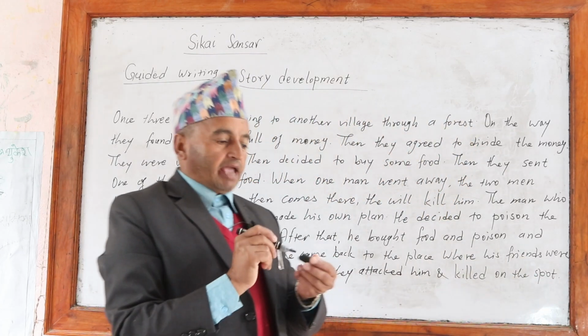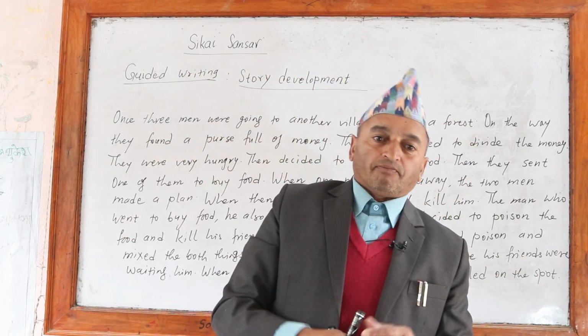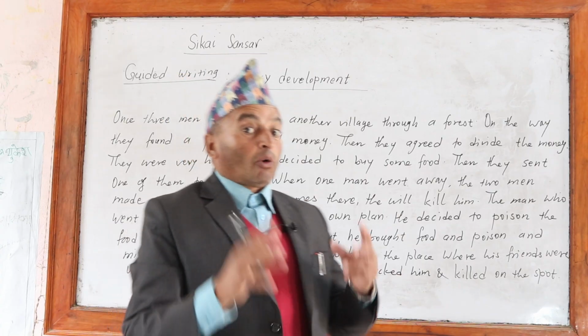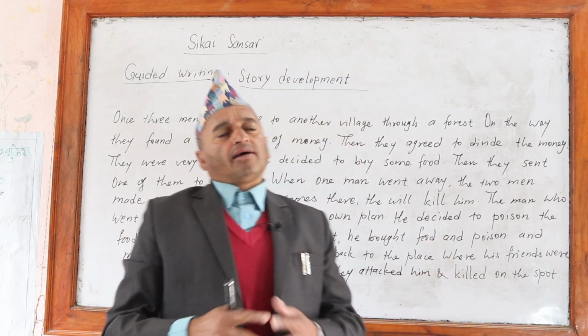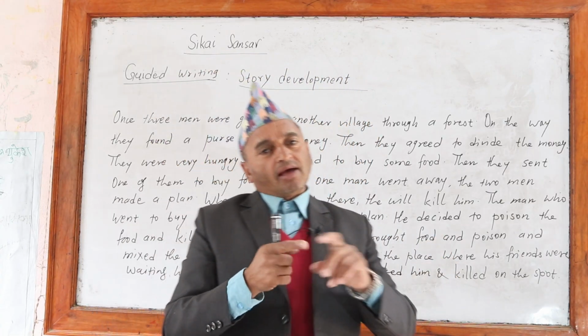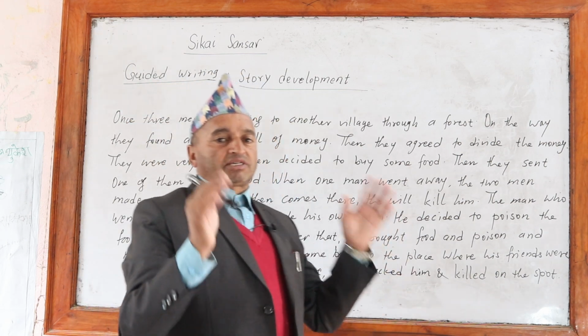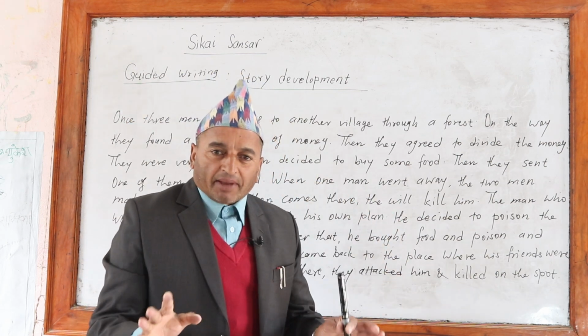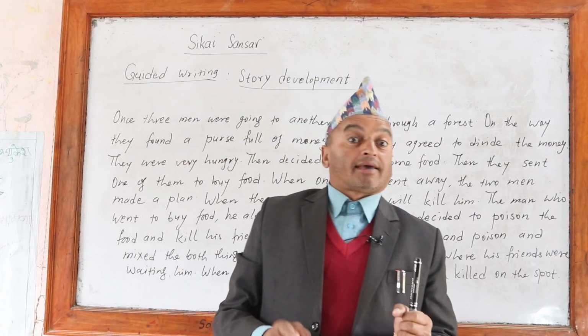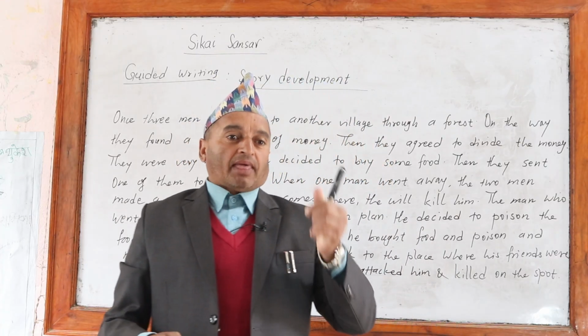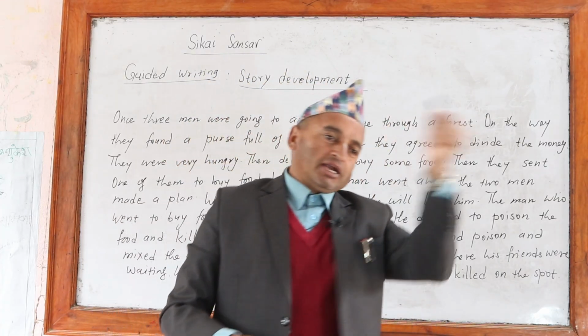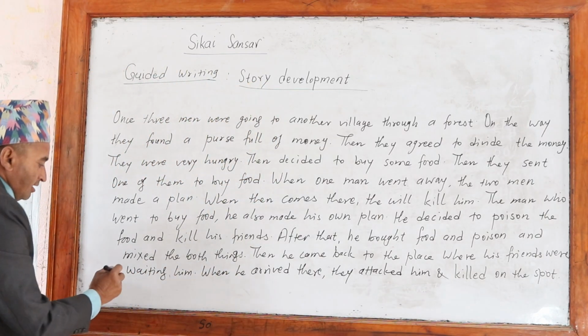Okay, when he arrived bringing food mixed with poison, the two were ready to kill him, and they attacked him and he was killed on the spot. And what happened, dear students, can you guess? They were very hungry, and they hurriedly started to eat the food that was brought there.